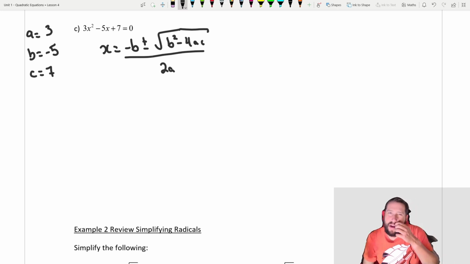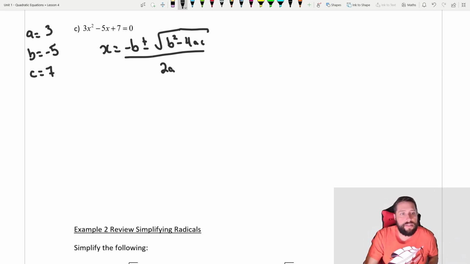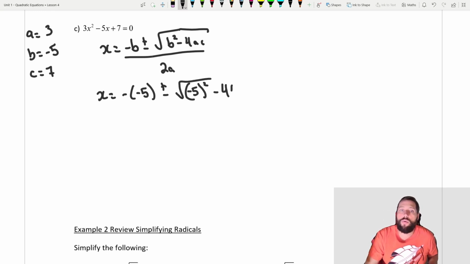Again, it's best if you write out the formula each time. That way you get accustomed to using it and you get used to writing it down, and it becomes muscle memory and all that stuff. So now x is equal to, as we fill everything in, negative negative 5 plus or minus the root of negative 5 squared minus 4 times 3 times 7.